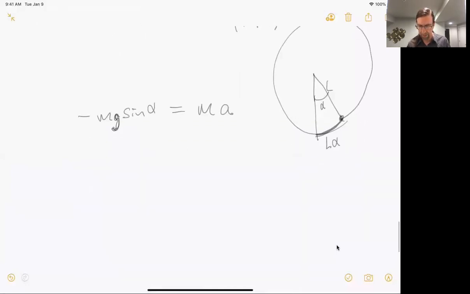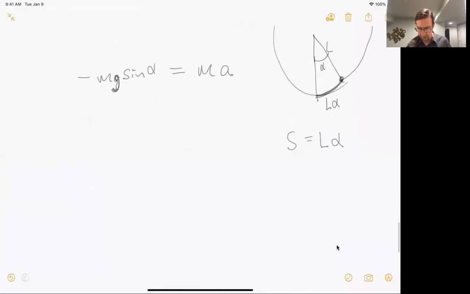Typically the way physicists write this is they say the length you've traveled, they usually use the letter S for that, is exactly the radius of the circle, or the length of the pendulum, times the angle. Now the acceleration is the second derivative of the displacement, the distance traveled along the circle.